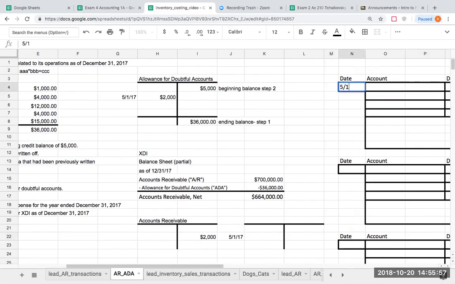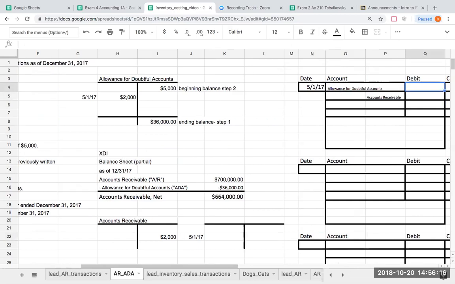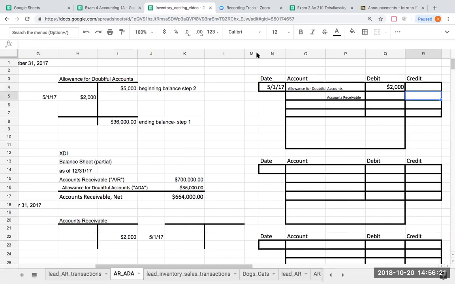So on 5/1/17, I am debiting the allowance for doubtful accounts, and we'll shrink this down to make it a little more visible. And I'm going to be crediting accounts receivable, and we'll also make this a little bit smaller. There we go. So I'm debiting the allowance for doubtful accounts for 2000. And then here I am crediting accounts receivable for 2000.